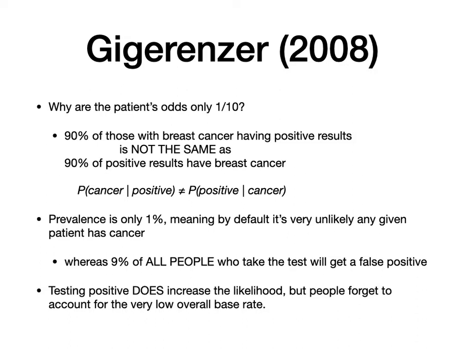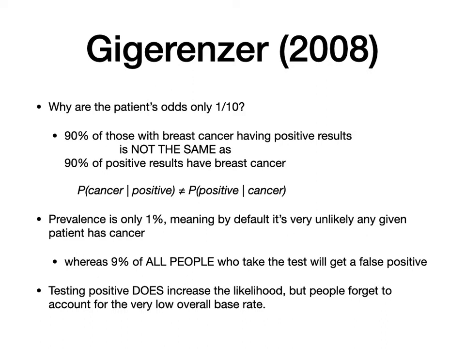So given the breast cancer, the positive result is 90%, is not the same as 90% of all positive results have breast cancer. Those are different conditional probabilities. It's a little counterintuitive, where, again, the reason it's not intuitive is that this is not in our intuition set. We're not really good at this thing.